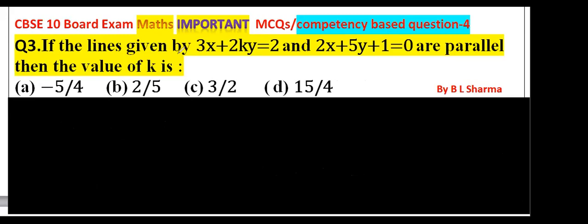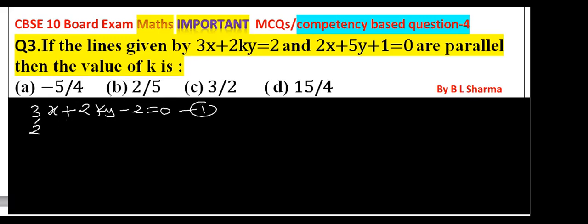If the lines given by 3x plus 2ky is equal to 2 and 2x plus 5y plus 1 is equal to 0 are parallel, then what is the value of k? First of all, we will write these two equations: 3x plus 2ky minus 2 is equal to 0. See, transpose this 2 to the left hand side. This is equation number 1.